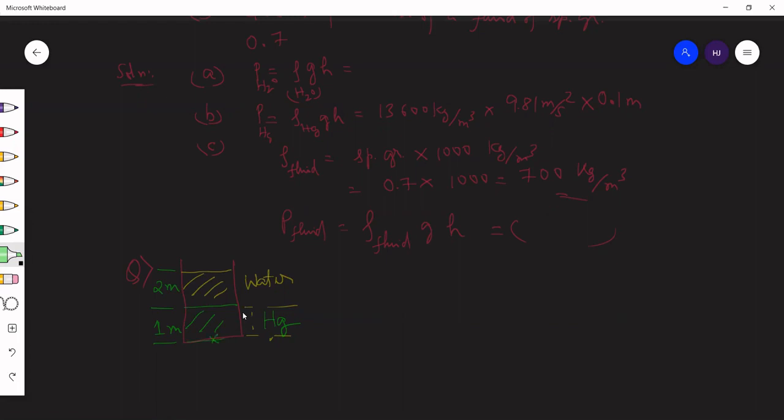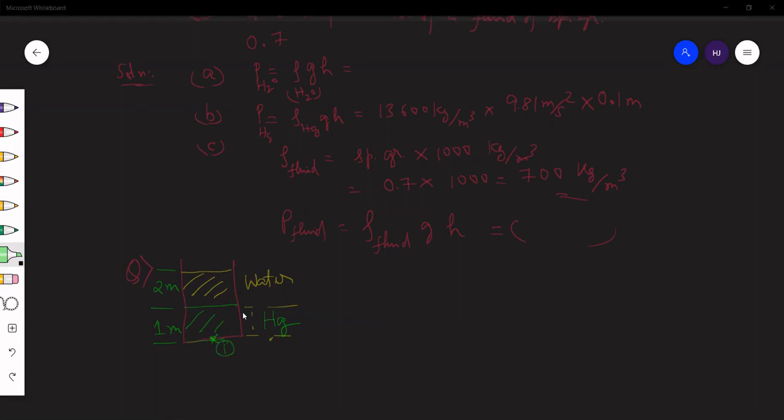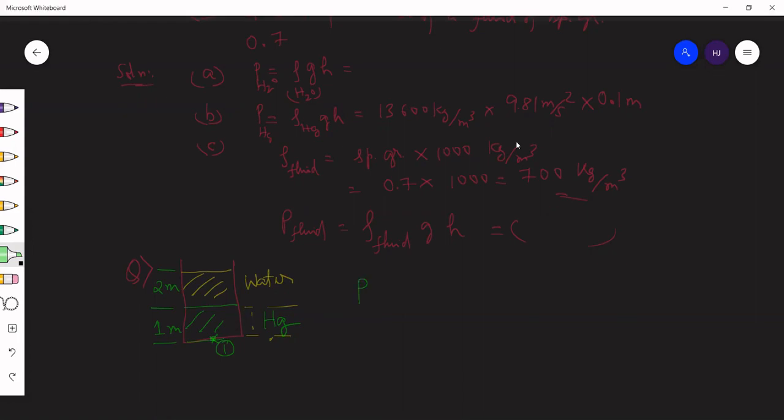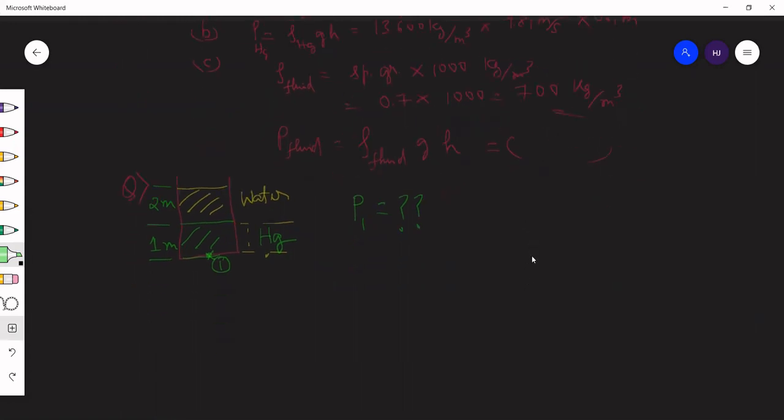Let me take any point as name 1. Okay, you are asked to find what is the pressure at 1. So find pressure at 1. So this is given. So how do you find the solution? Now you may be thinking, it is a very big tank, the bottom surface area is high. So what to do?